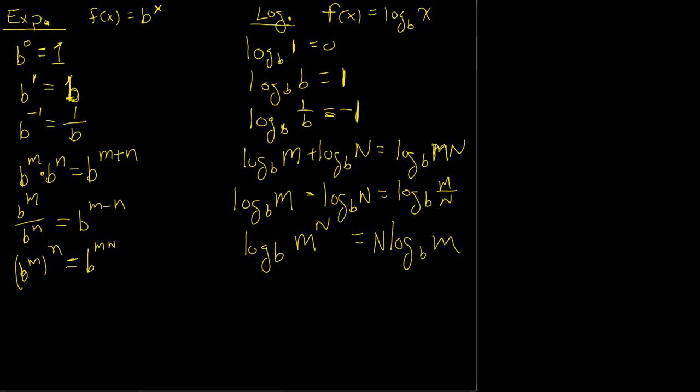These are the main rules of logarithms, but the other nice thing is, if I have some logarithm of a base and I take the base to a power, I get the power back because they're inverse functions, the magic sauce.